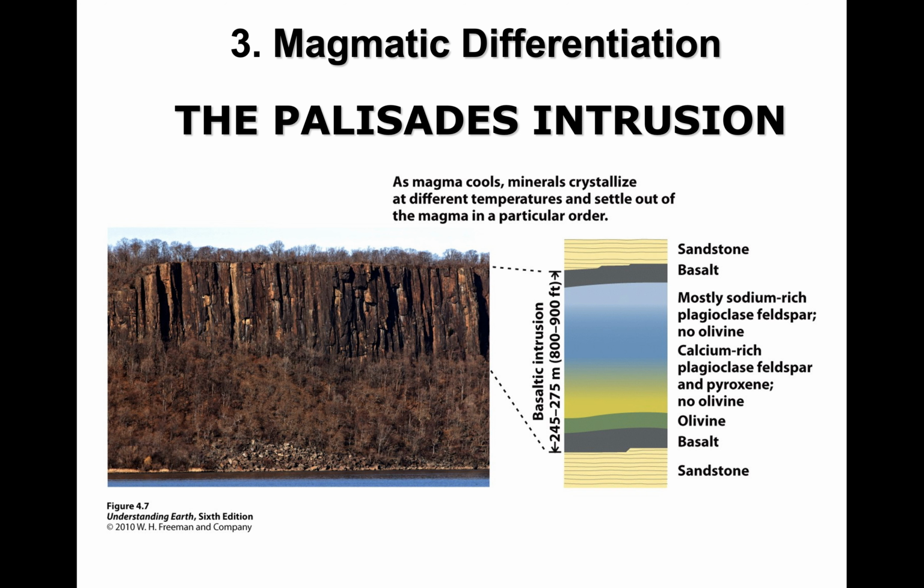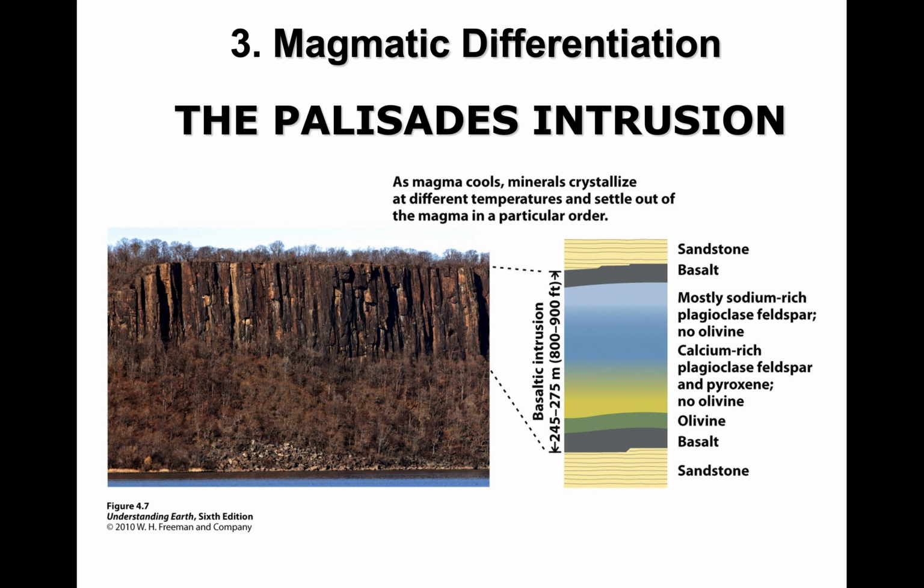So we have here an intrusion, but we are dealing with flotation. That means at the bottom of your intrusion we dealt with higher temperatures seen in the calcium-rich plagioclase feldspar, and at the top we are dealing with lower crystallization temperatures seen in a more sodium-rich plagioclase feldspar.